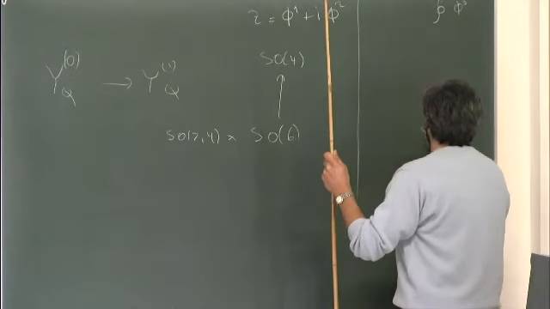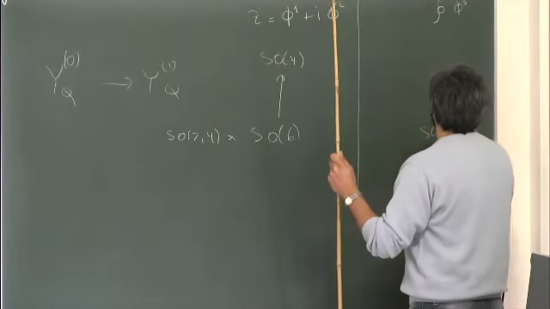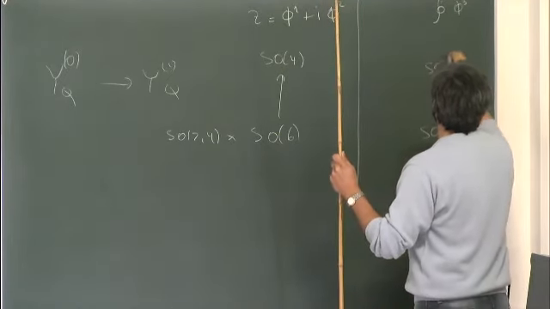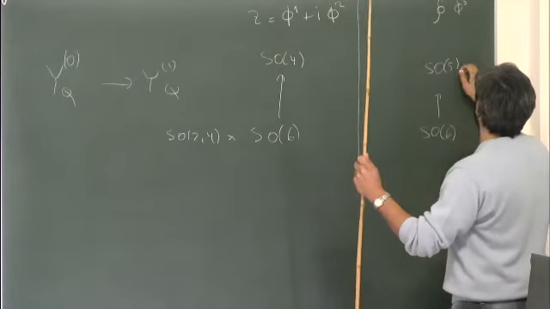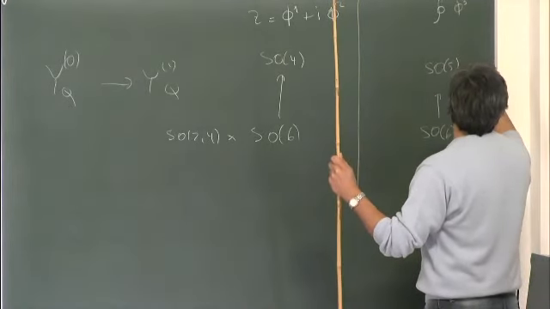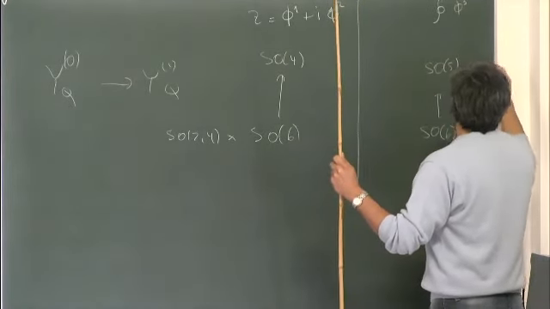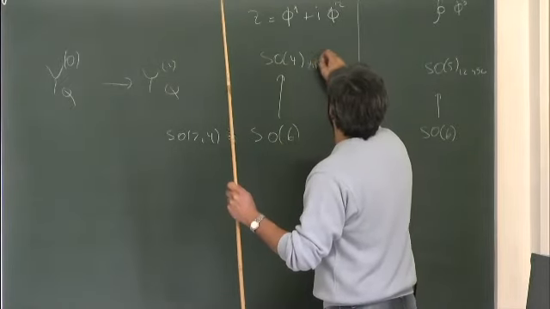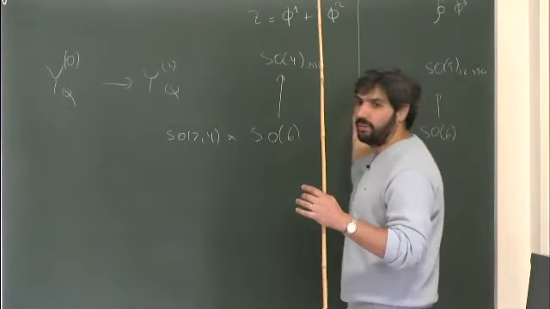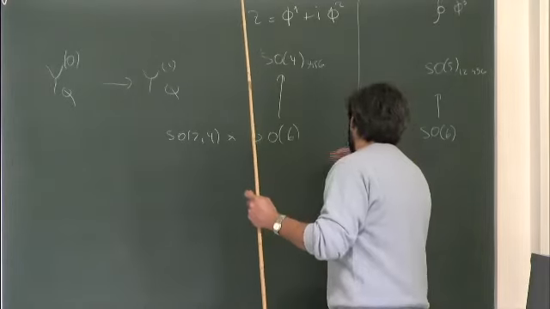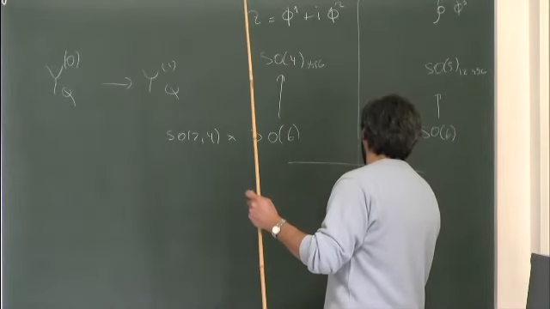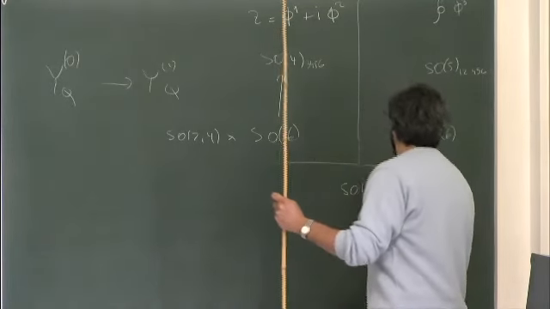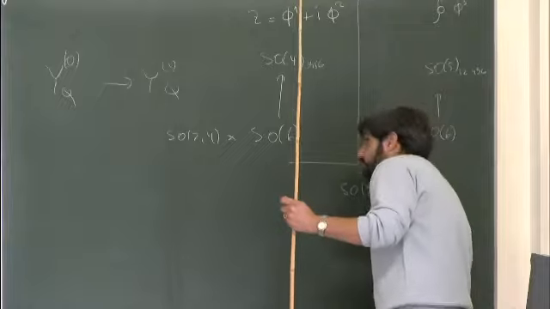Then SO(6) is broken to SO(5), which mixes 1, 2, 4, 5, and 6, while the SO(4) from the vacuum mixes 3, 4, 5, and 6. When you consider the intersection of these two, you get just a single SO(3) that mixes the 4, 5, and 6 directions in internal space.